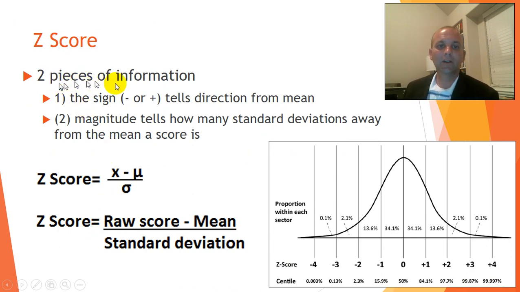So there are 2 pieces of information from calculating the z-score, which is just the raw score itself minus the mean of whatever values you're looking at, divided by the standard deviation, and that's a fairly simple thing to calculate for any z-score. So the information you get from it tells you whether it's positive or negative, right, from the mean, and the magnitude tells you how far away.